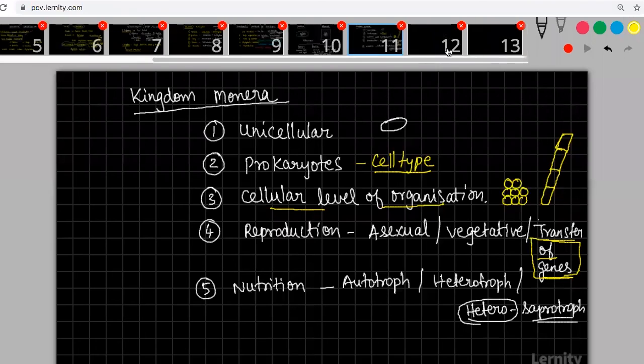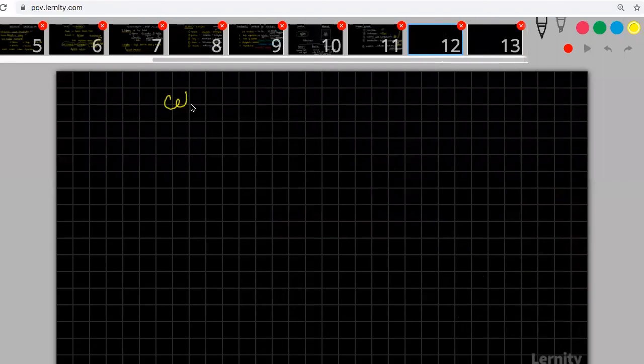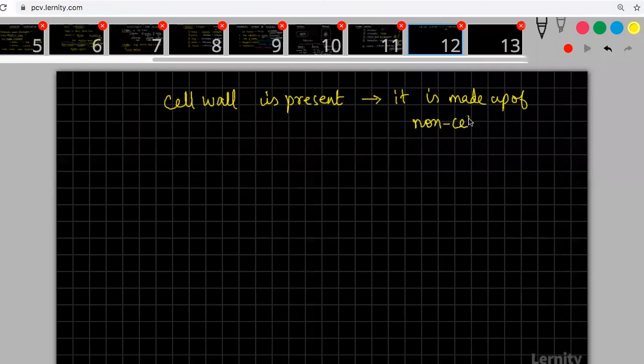Whether they will have cell wall, yes, they will have cell wall, and it is made up of non-cellulose polysaccharide plus amino acid. This is not chitin. I will try to explain what it is.